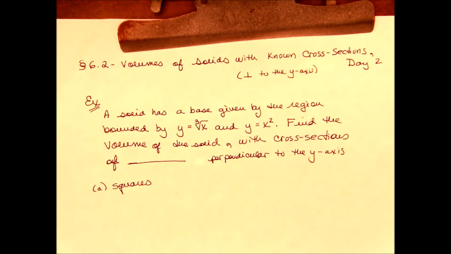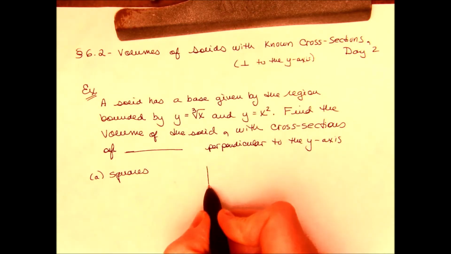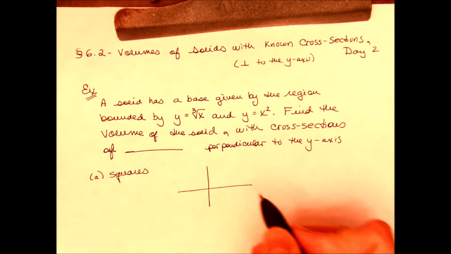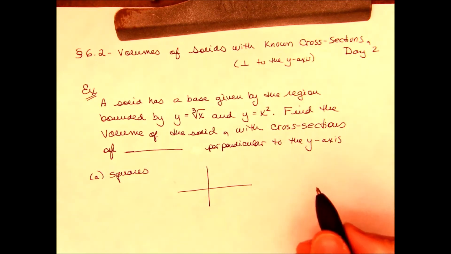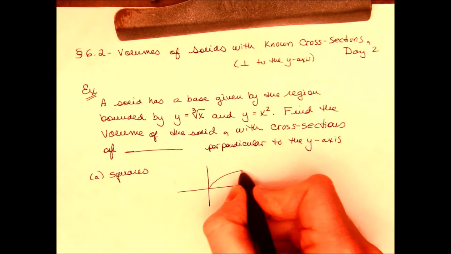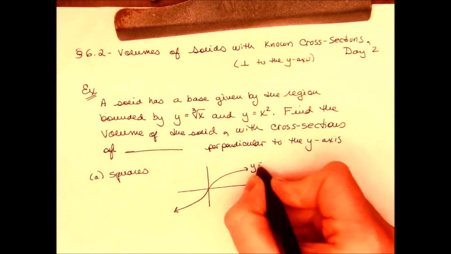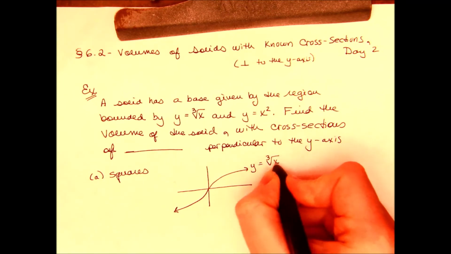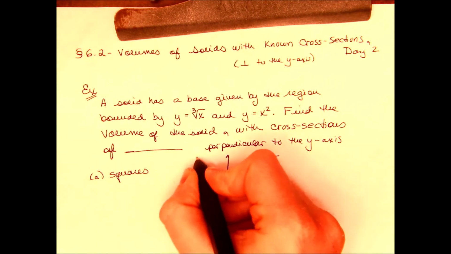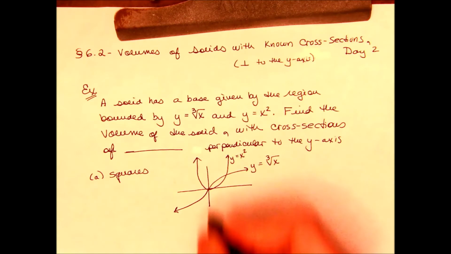Well, first thing we need to do, as always, is sketch the region we're dealing with. I think you should have a good idea of what y equals the cube root of x looks like, and y equals square root of x. But if you just go to the calculator at this point, that's fine. y equals cube root of x is like that. y equals x squared is like that.